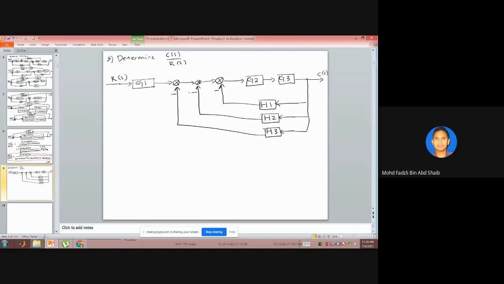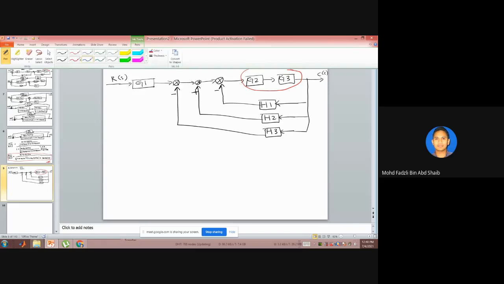Now we have H3 as a negative feedback, H2 as a positive feedback, and H1 as a negative feedback. So this is a little bit different. Now we need to combine. We need to combine this together first, right? Because it is in series, right?